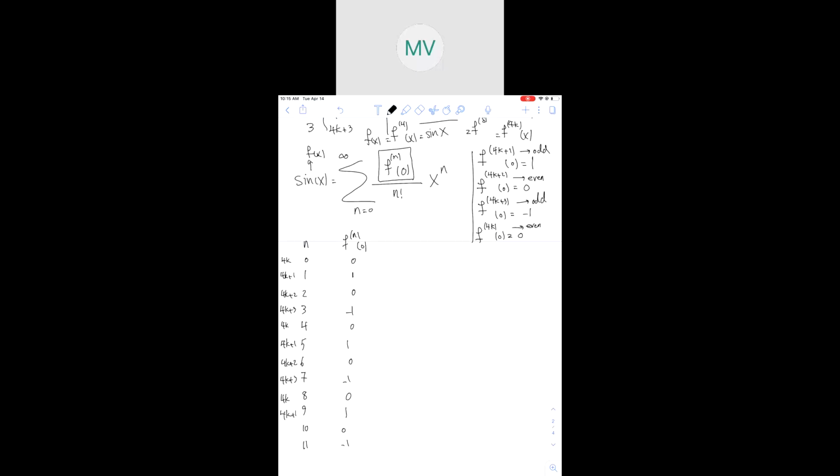Well, it seems like the odd ones, if we write them as 2k plus 1, this is simply negative 1 to the first. This one is negative 1 to the second. Well, it's 2k minus 1.